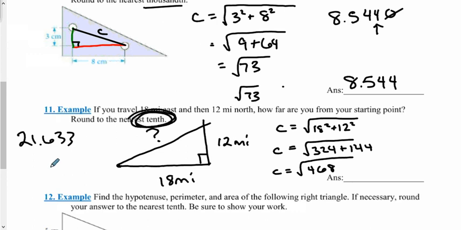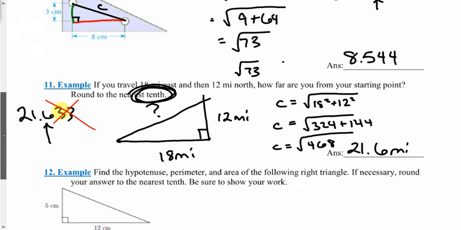So we've got to pay attention to that. That means 1 decimal place. So I'll look behind it, and I see that this 3 is smaller than 5. So ultimately that's just going to get chopped off. That's what it means when we're rounding and it's smaller than 5. So now I have 21.6 miles. That's how far we traveled.